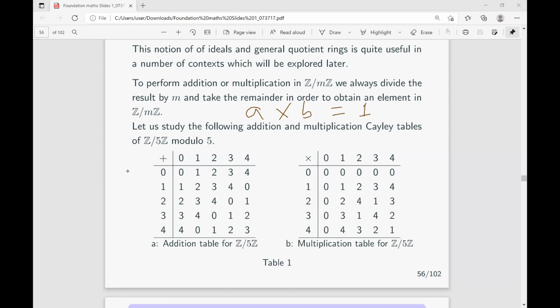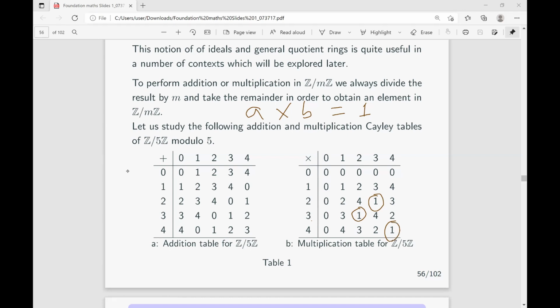So if A times B gives us 1, then we say that B is the inverse of A. We also say that A is the inverse of B. Now, for instance, the inverse of 2, using this Cayley table, under multiplication, is 3, because 2 times 3 gave us 1. The inverse of 3 is 2, because you can see 3 times 2 gave us 1. And the inverse of 4 would be 4, because 4 times 4 gives us 1.